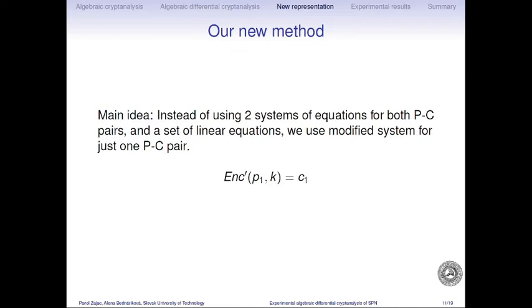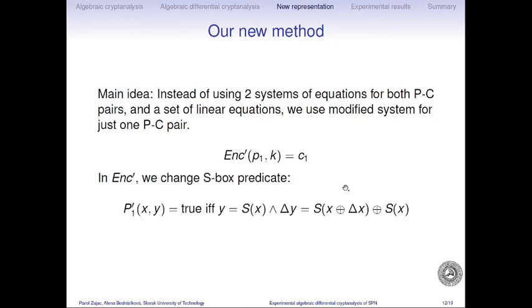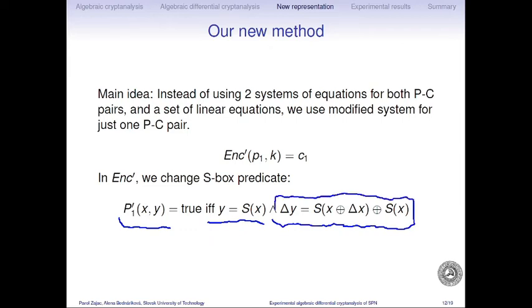We can try to look at the single encryption and try to incorporate new information from the differential characteristic, and where we incorporate this is into the S-box part. So we modify the predicate P1 to P1 prime essentially by adding extra information to this basic part, and this extra information comes from the expected difference on the given S-box.